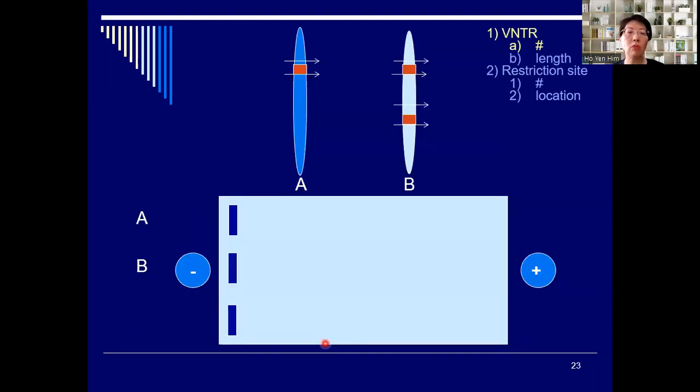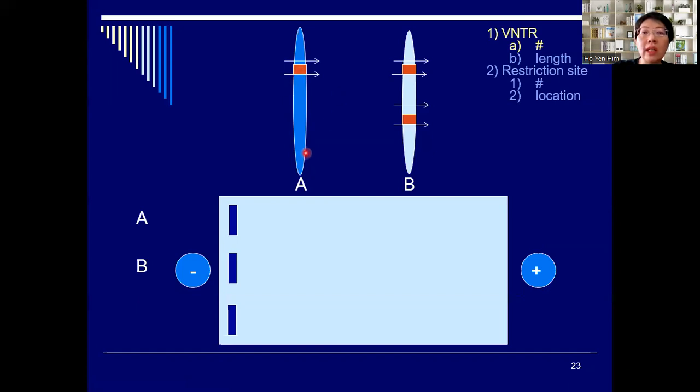Now let's put everything together so we try to understand what it means. Let's say, for example, this is the DNA, the chromosome from individual A, and this is the chromosome from individual B. The red region here denotes the VNTR region or the STR region.